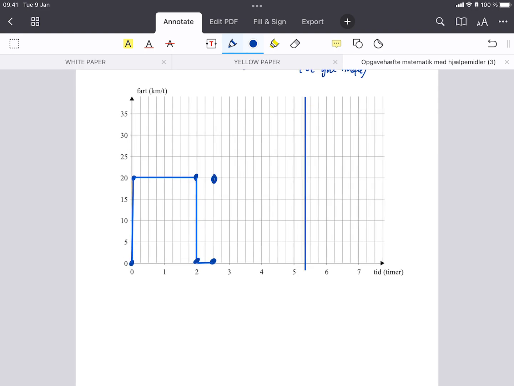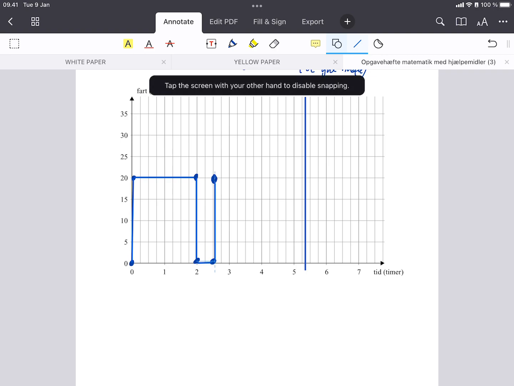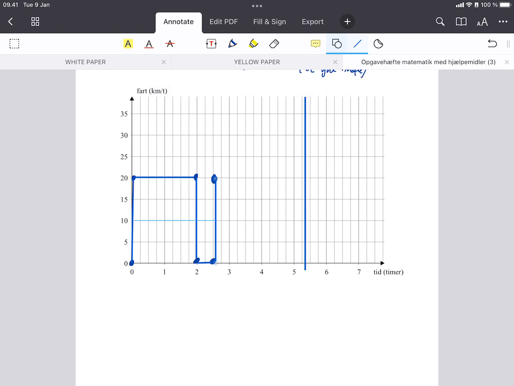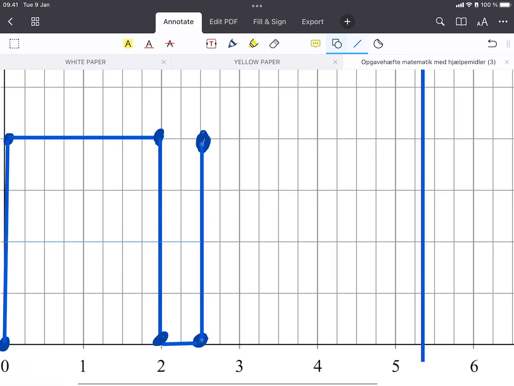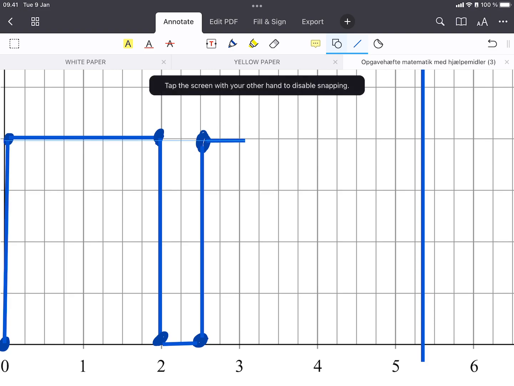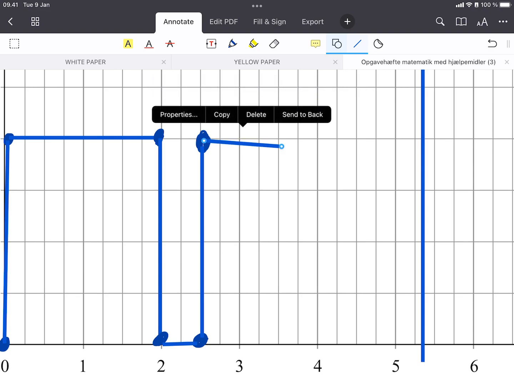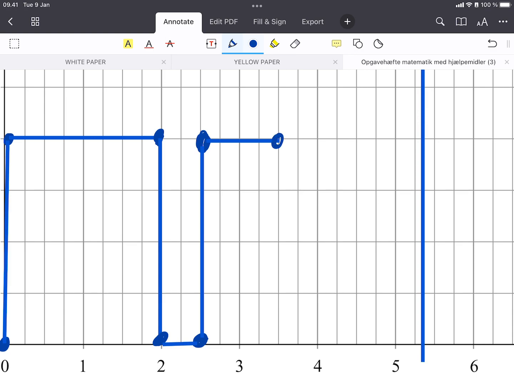Let's say almost instantaneously. There we go. Then let's have them back at full speed for, let's say, another hour. Before they take another break.